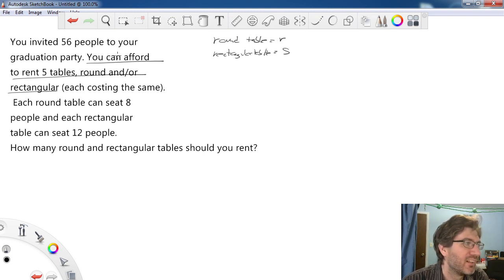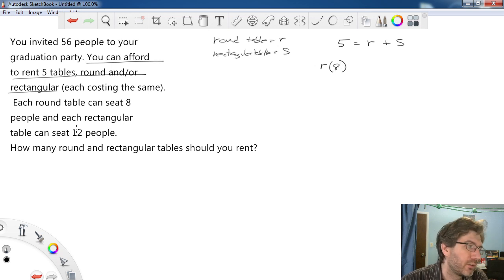You can afford to rent 5 tables, so our 5 tables have to equal however many round tables plus how many rectangular tables we have. So R plus S has to equal 5. Each round table can sit 8 people, so you multiply R by 8, and that would be how many people can sit at your round tables.